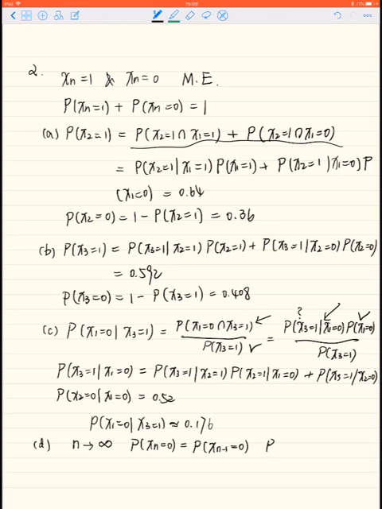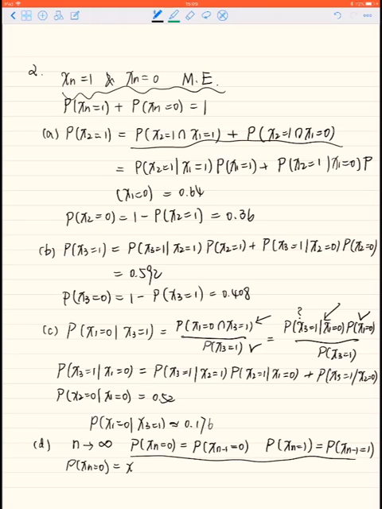Moreover, the probability that Xn equals 1 should equal the probability that Xn minus 1 equals 1. Given this, we can assume that the probability that Xn equals 0 is x. We already know that Xn equals 1 and Xn equals 0 are mutually exclusive, so the probability that Xn equals 1 should be 1 minus x. We just use the notation x.